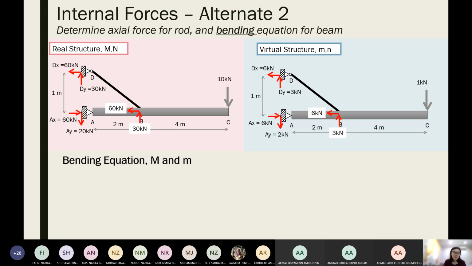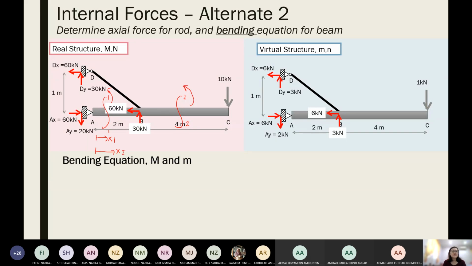So now I will cut the section for 1-1, still the same, starting from A. But now I want my 2-2 to still start from A, so my x2 is here.